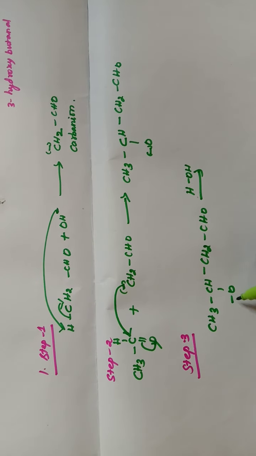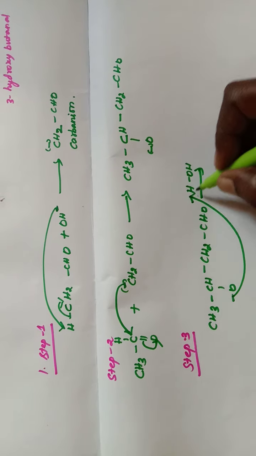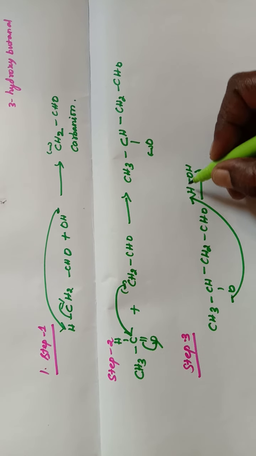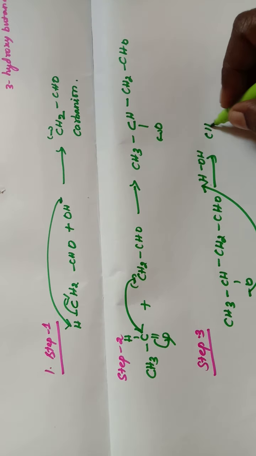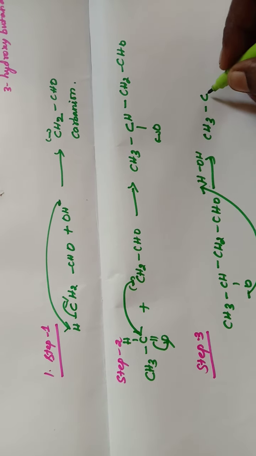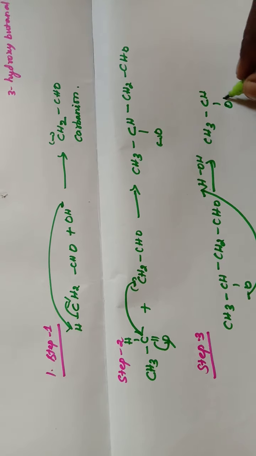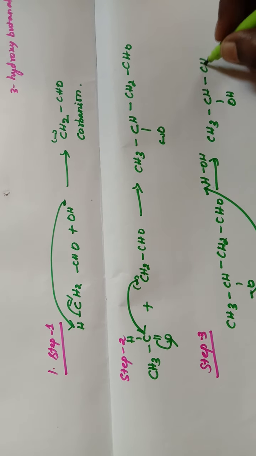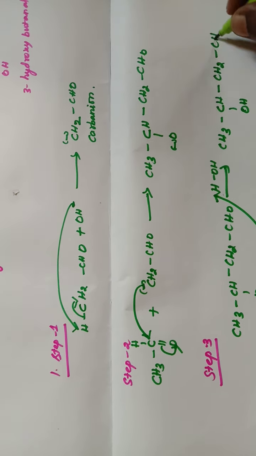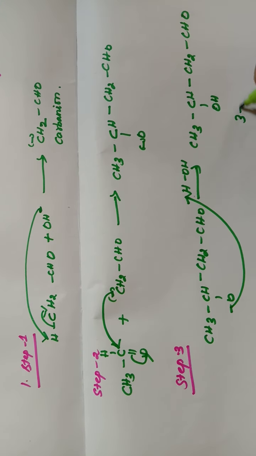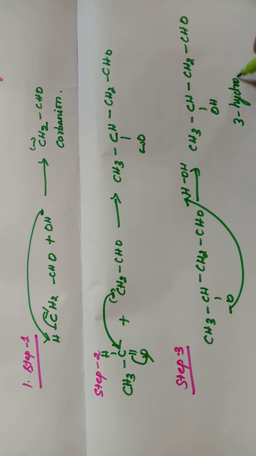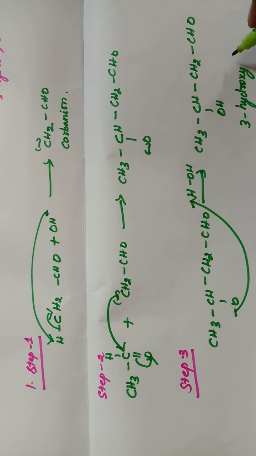So this O minus attracts this hydrogen, and we will be getting an aldol, CH3 CH OH CH2 CHO. Name of this compound is 3-hydroxybutanal.